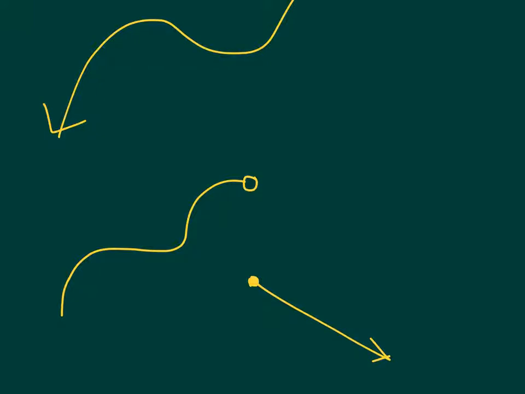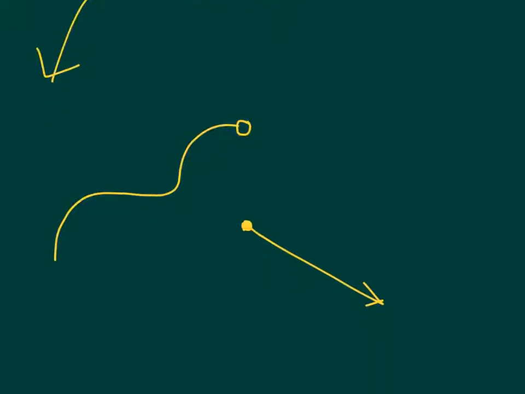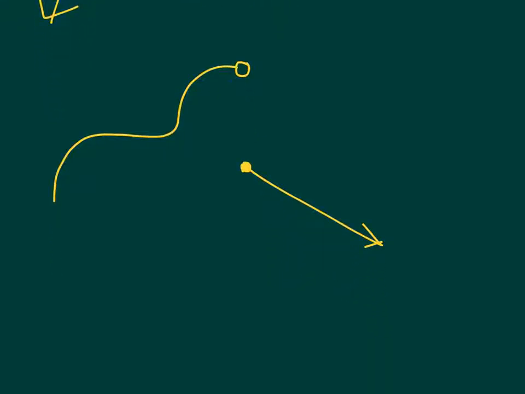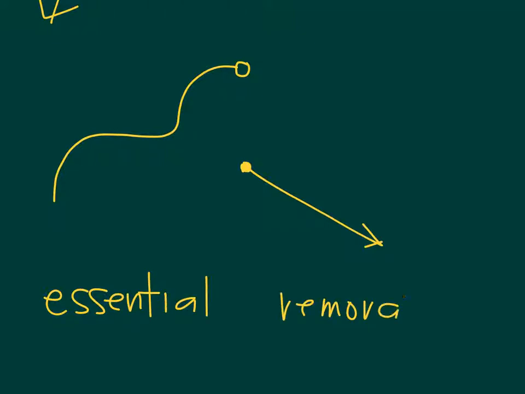Okay. There are two types of discontinuity. One that we call removable and essential. So essential and removable. Okay.